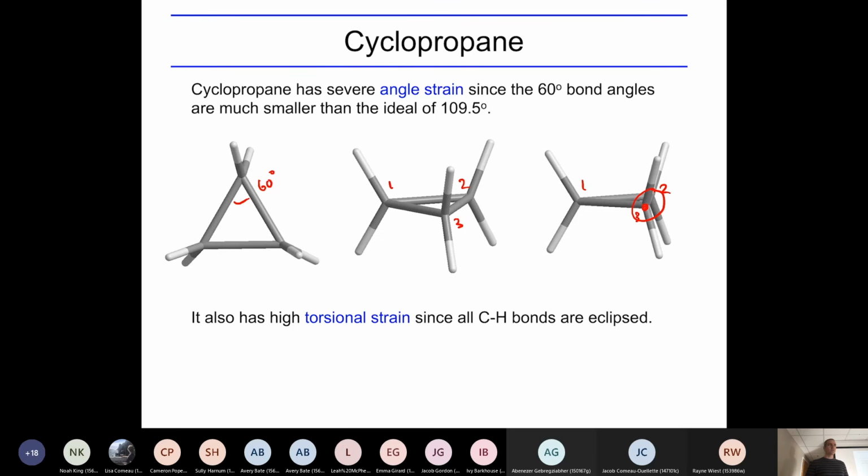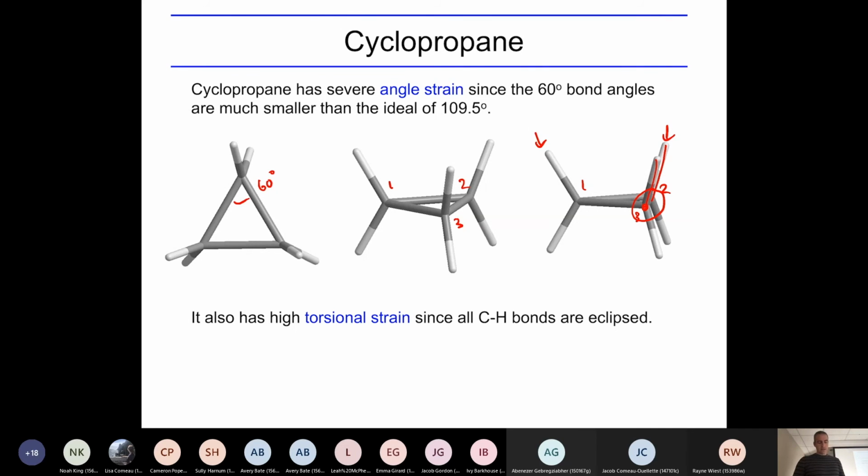Is that eclipsed or staggered? That's eclipsed, right? Because these hydrogens on the front and back perfectly line up. In fact, every hydrogen on this molecule is eclipsed with ones on the right side and ones on the left side. These CH2s are eclipsed all the way around the ring.